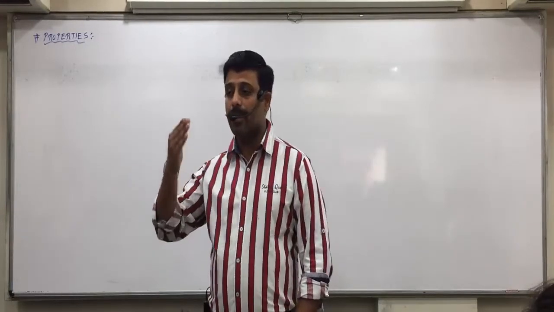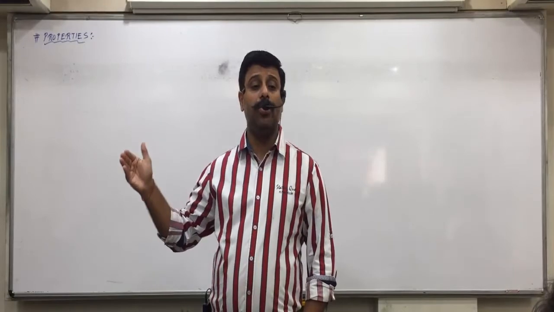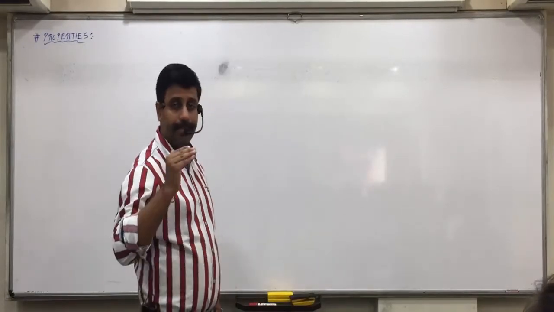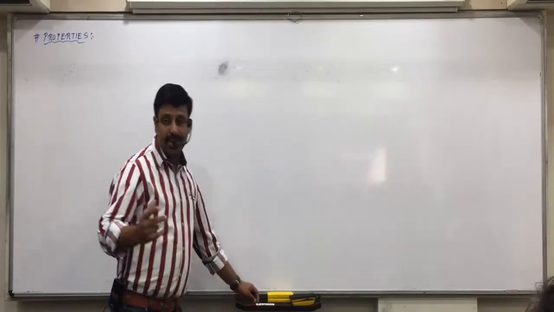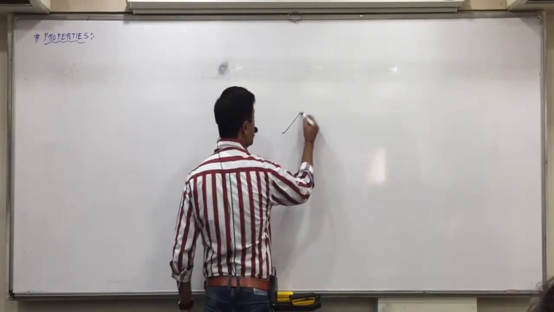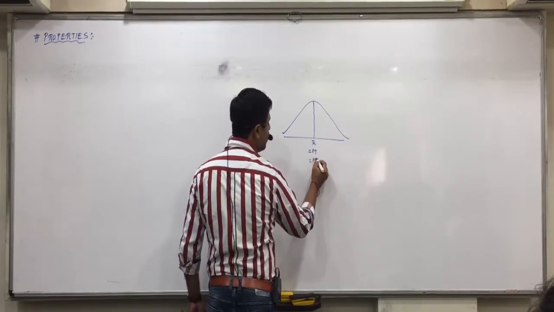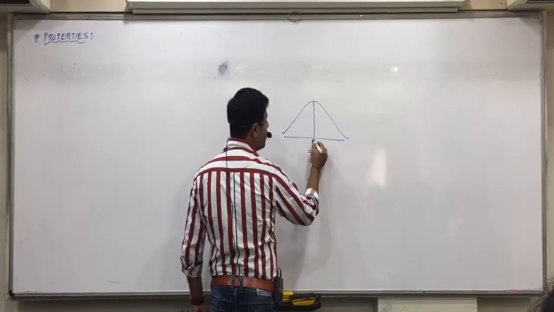The first property we studied: in the center, mean is equal to median is equal to mode. Then the bell-shaped curve. Here this will become mu.